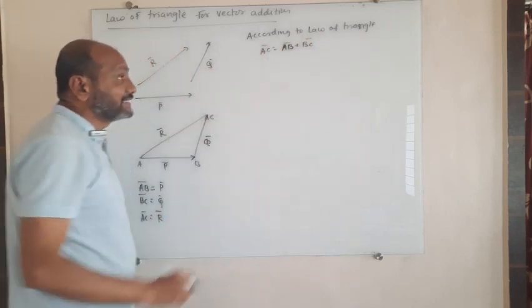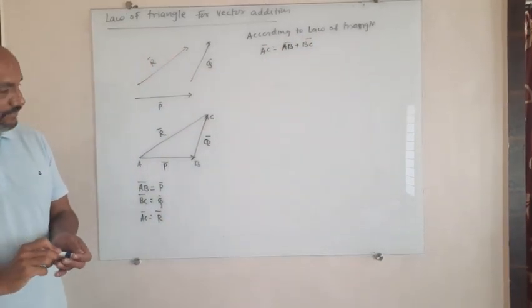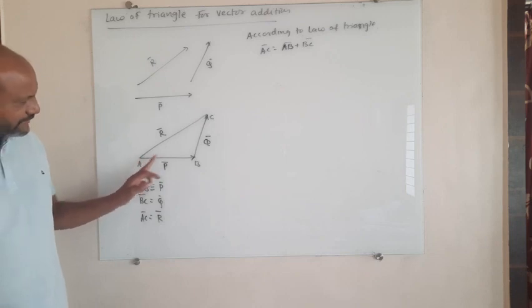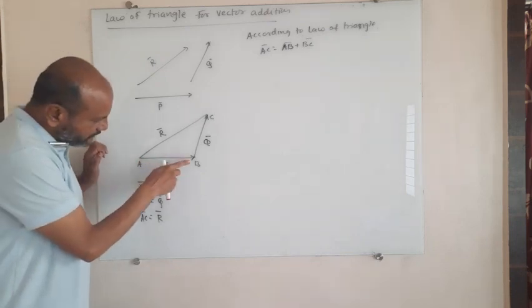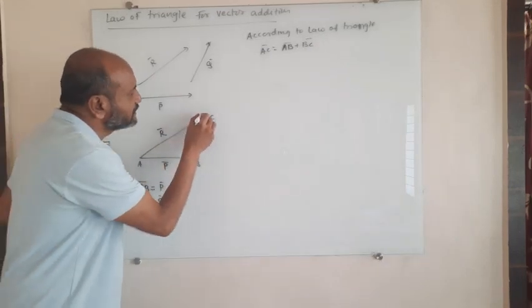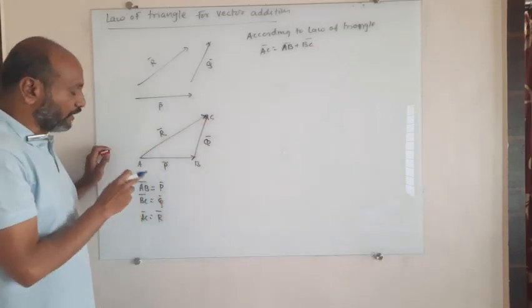Now, how to state this law of triangle? From this diagram, concentrate on this diagram: AB, this vector, BC, this vector, and third is AC. Now, how to represent?